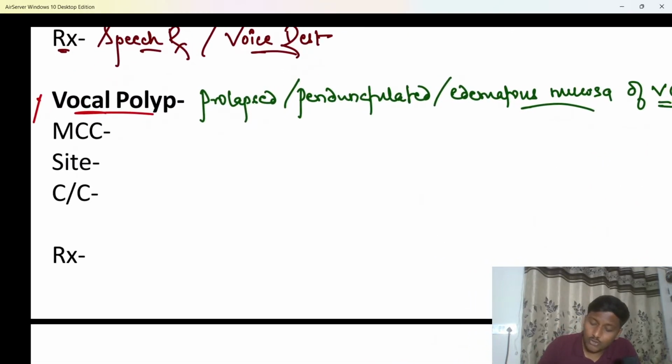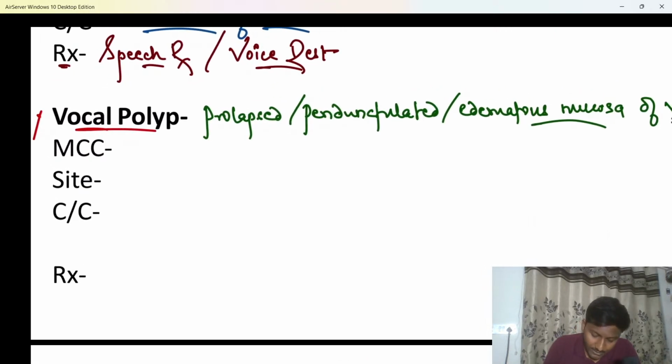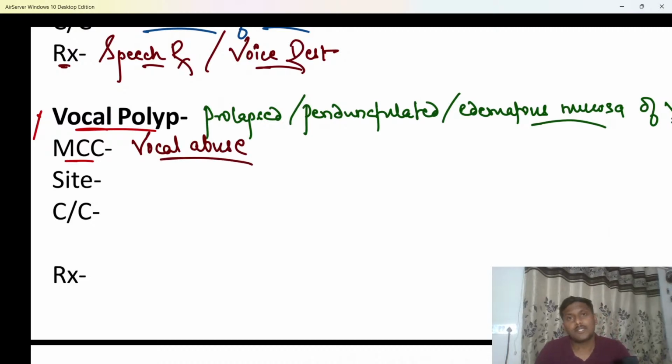Second important, what is the most common cause? The same causes are going to cause vocal polyp itself. Yes. So the leading cause of vocal polyp is none other than, bache, vocal abuse. The most common cause or the leading cause is vocal abuse itself. Apart from vocal abuse, the same other causes, that is nothing else but smoking, and second LPR, that is laryngopharyngeal reflux, right?